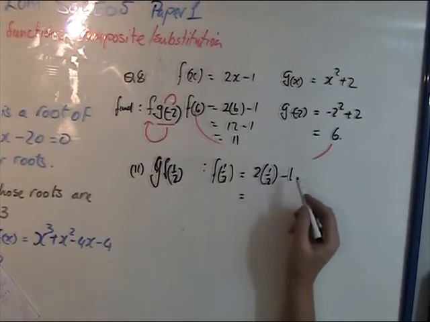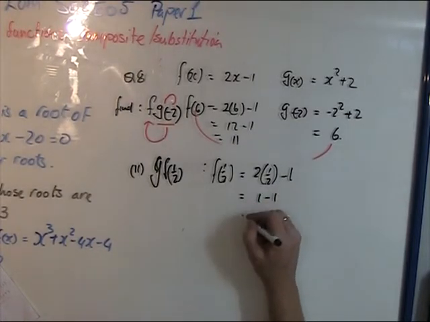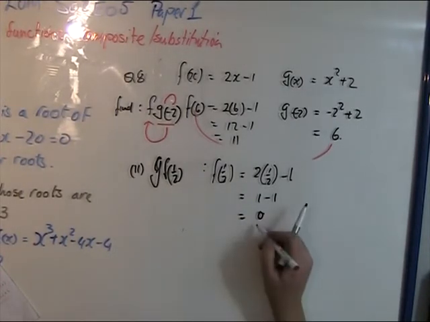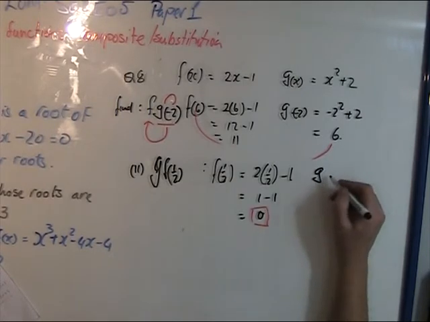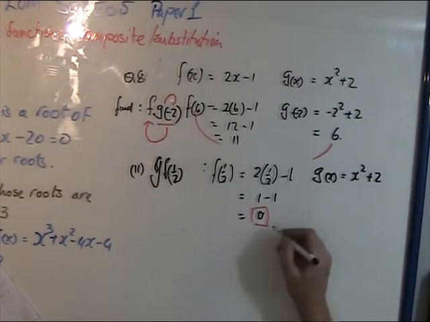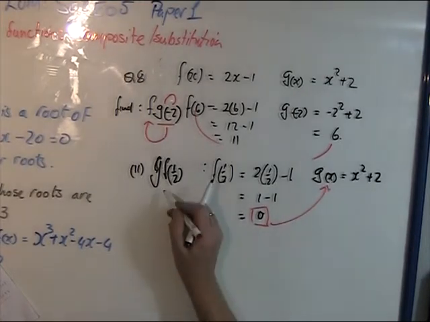So that's 2 over 2, which is equal to 1. 1 minus 1 is equal to 0. Okay, and then I put the answer 0 into g of x. Okay, so g of x is x squared plus 2. I'll just rewrite that down again, x squared plus 2. And I put the 0 in, okay, to g, because that's what it says here.